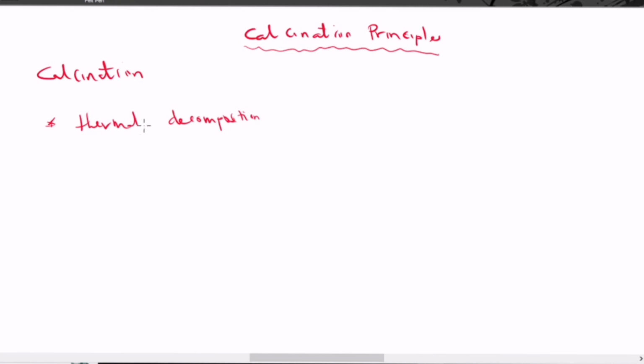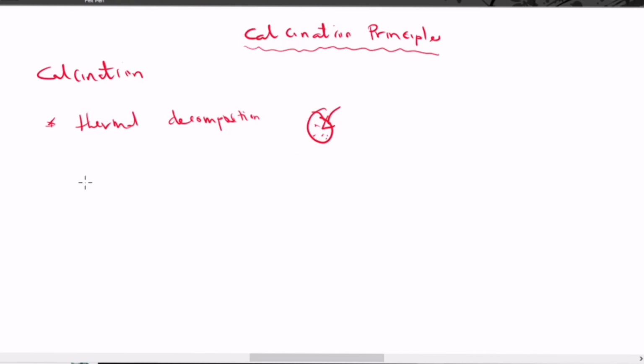With thermal decomposition, you are heating the ore without oxygen, and the inorganic products in the ore are decomposed due to the heat. So you are removing inorganic components in the ore due to heat before further treatment.